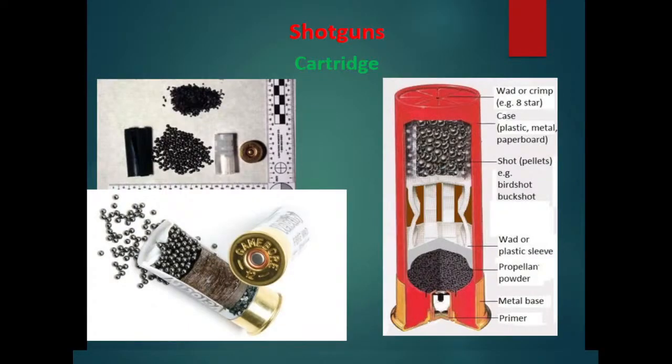Just a few words about shotguns and cartridges for shotguns. The principles are the same, but the difference is the presence of multiple projectiles, like pellets, and wads. The wad is a barrier which separates the charge from the projectile to prevent mixing them.